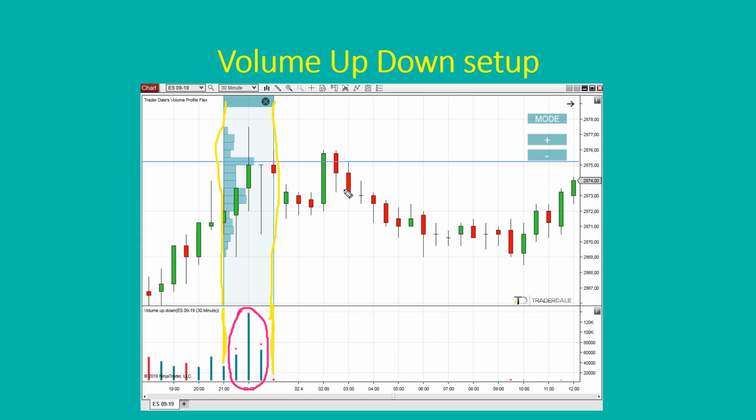Now you identify where the volumes were the heaviest, in here. Then you wait until the price moves away from the level and creates 1 or more candles above or below it. In this case, the price goes downwards. This is the first whole candle below the level. So now you will be getting ready for a short. You wait for a pullback from this level, and you go short.